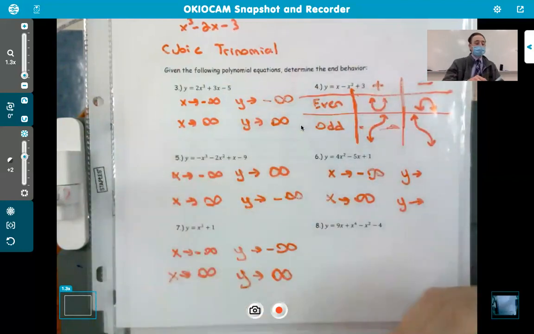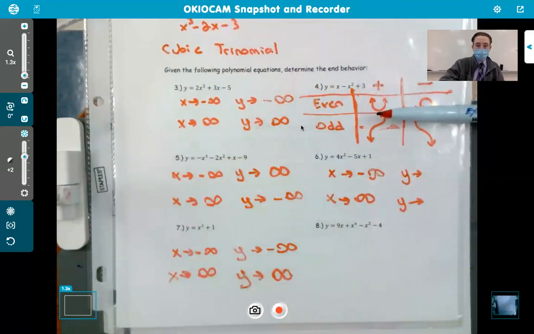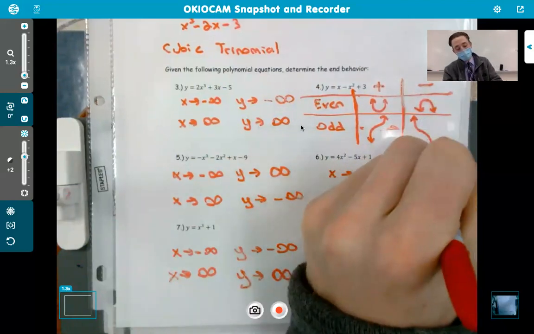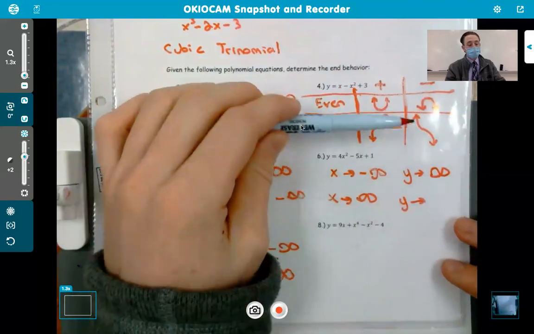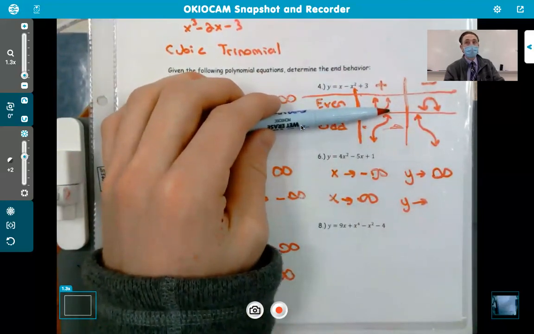And we're going to ask ourselves the same question. As I go to negative infinity in the x direction, where's my y going? Positive infinity. And as my x goes to positive infinity, what's that?